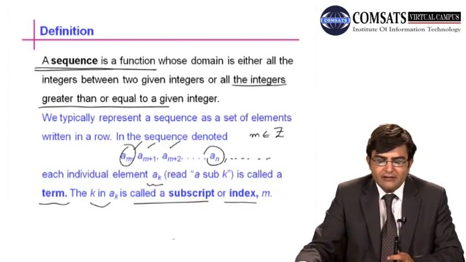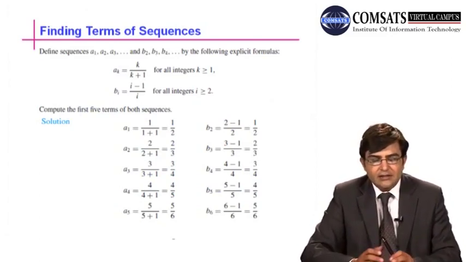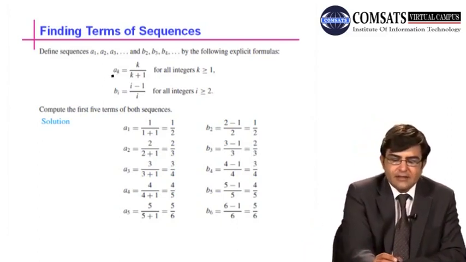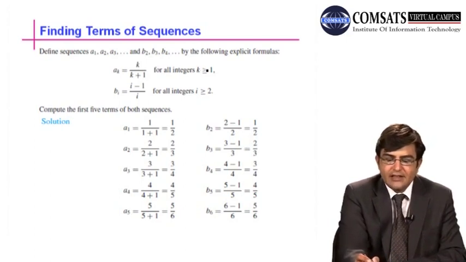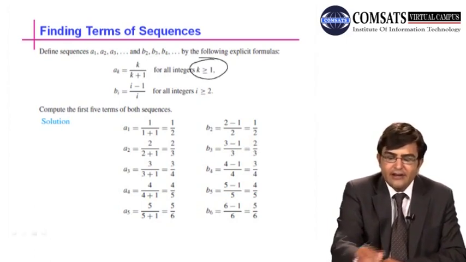So now if we are given a general term of a sequence, how do we recover the sequence from the general term? If we are given a sequence here, a_k = k over k plus 1 for all integers k greater than or equal to 1. Here they have defined the domain.